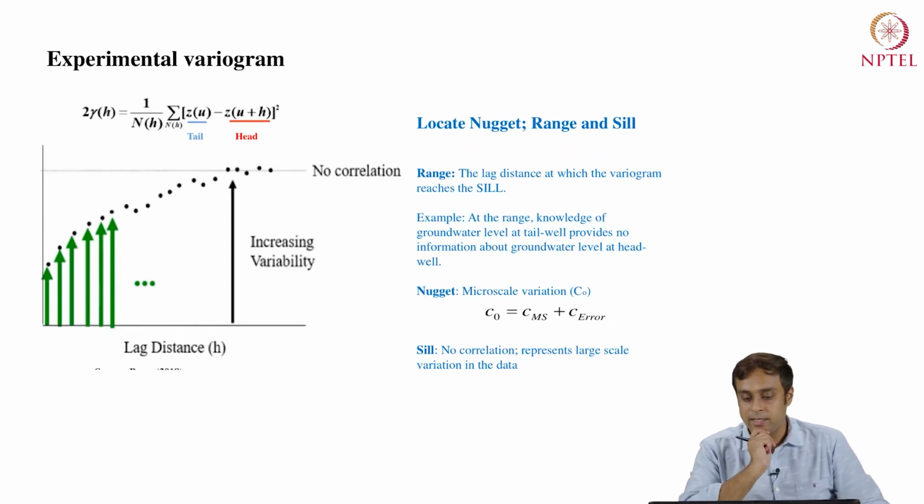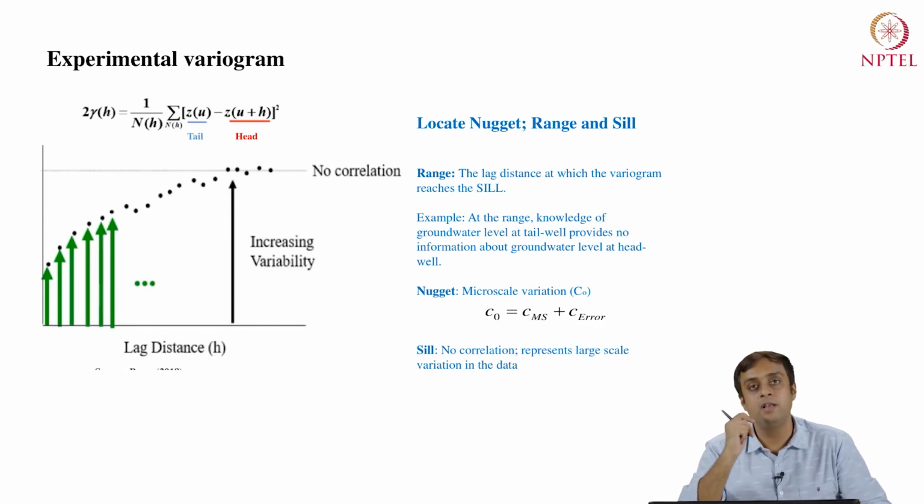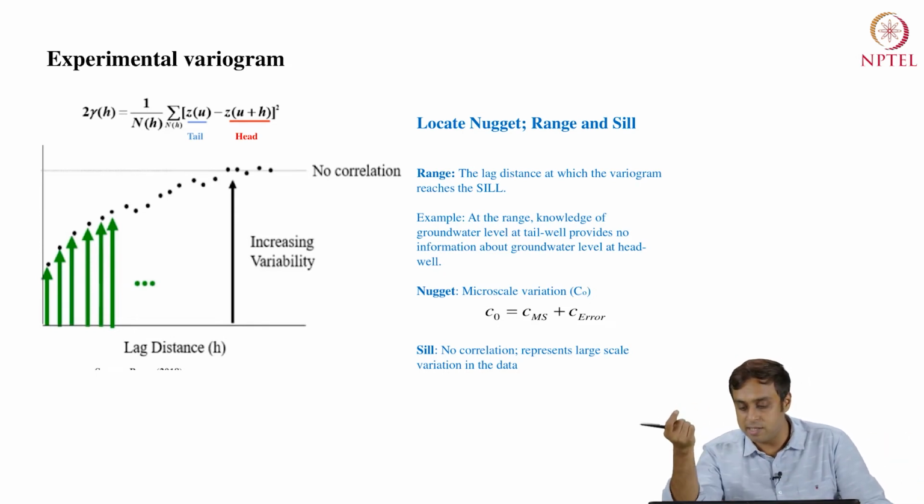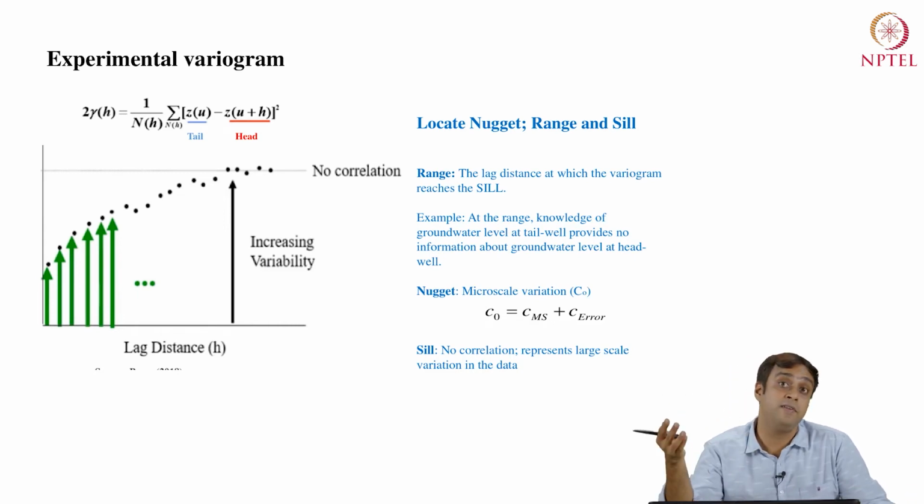Okay, welcome back. So, in order to locate the nugget, range and sill, we simply have to fall back on their definitions. What is a range? A range is a lag distance at which the variogram reaches the sill. Sill is the large scale variation in data. Remember, it's C0, right.